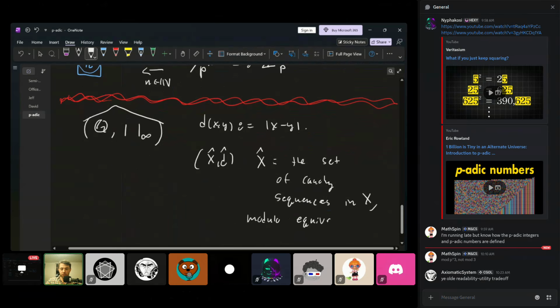Is this totally foreign to people, or are people vaguely familiar with Cauchy sequence completions? Maybe I'm wrong, but aren't we just saying the set of things that the limit points could be?